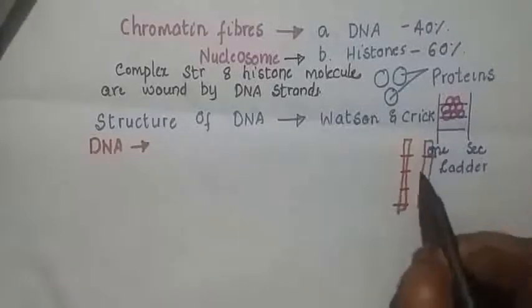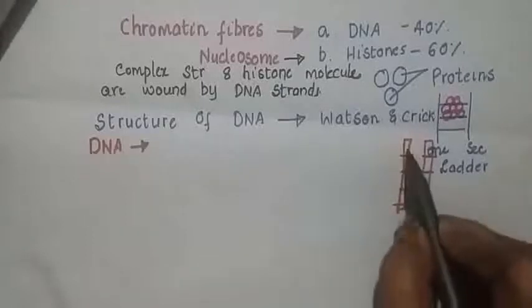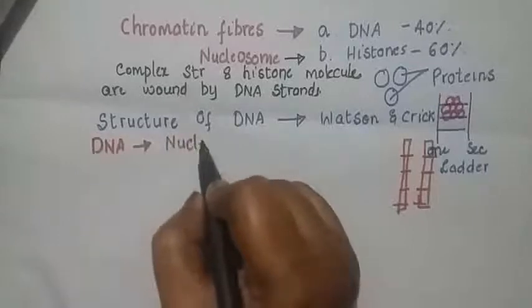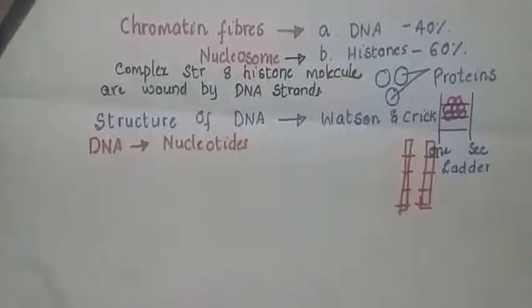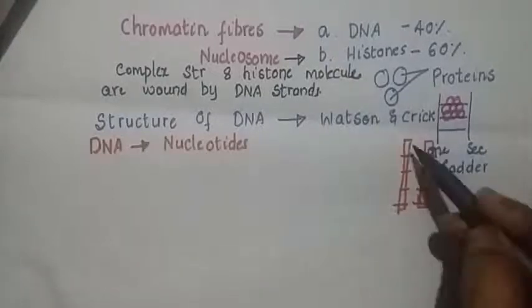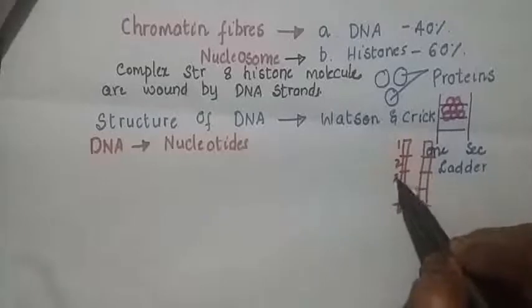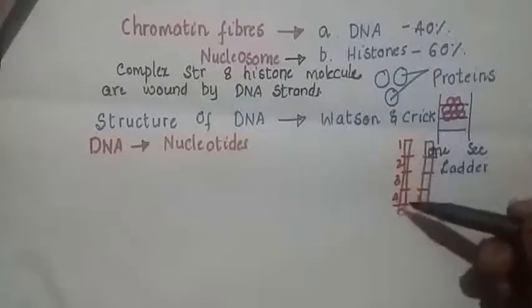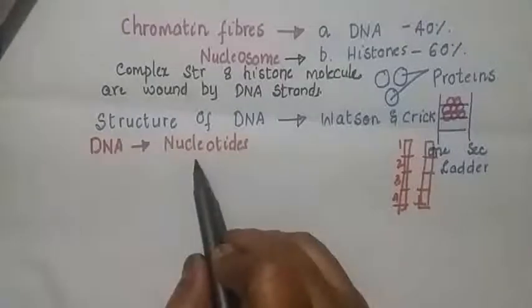So there are a number of repeating units in each strand, and those repeating units we name nucleotides. Here in the diagram you can say that this is the first nucleotide, second one, third one, or fourth one. So these repeating units in each DNA strand are known as nucleotides.